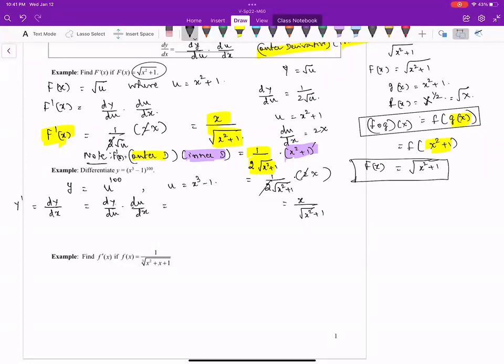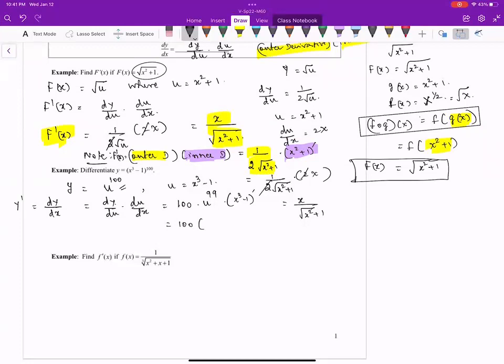So dy by du: I differentiate this with respect to u, that is 100 u to the exponent minus 1, so 99. Then the derivative of the inside, x cubed minus 1 prime, is 3x squared.